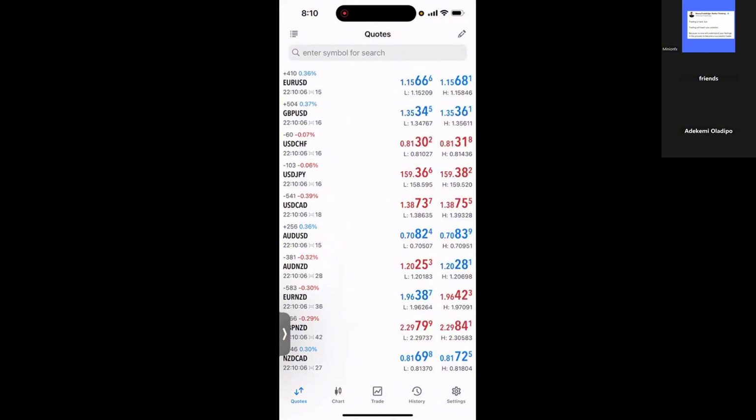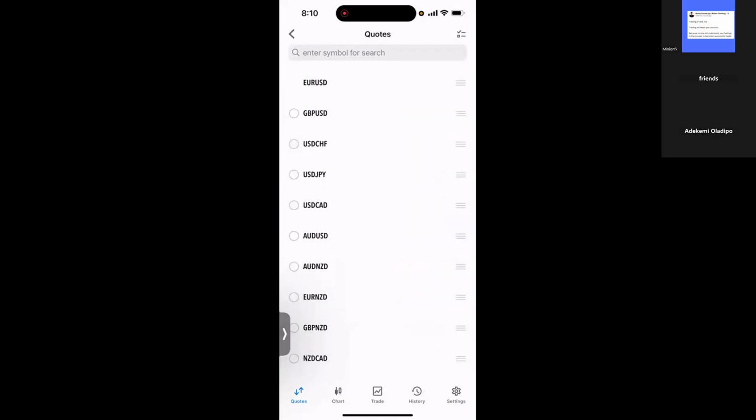First, you click on that pencil that is beside quotes. It will enable you to highlight certain currency pairs that you don't want on your watch list. Click on the circle. Highlight USD CAD.